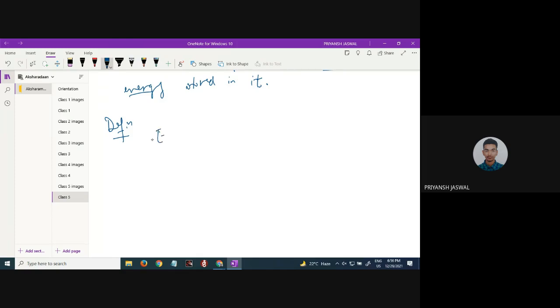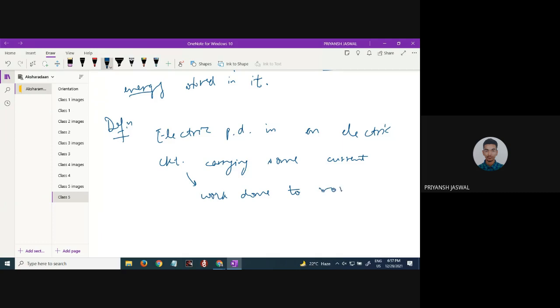Electric potential difference in an electric circuit carrying some current is defined as the work done to move a unit charge from one point to the other.